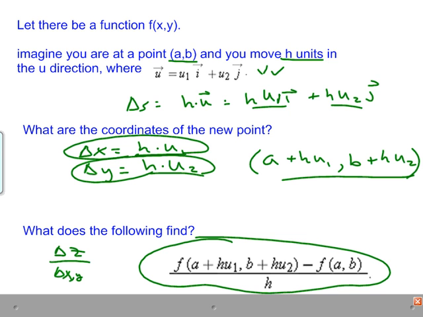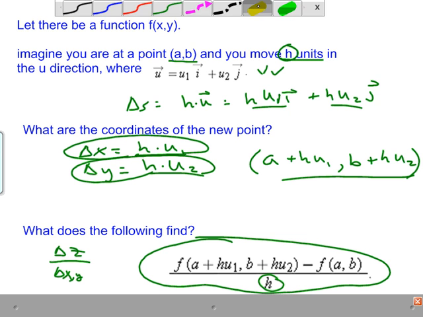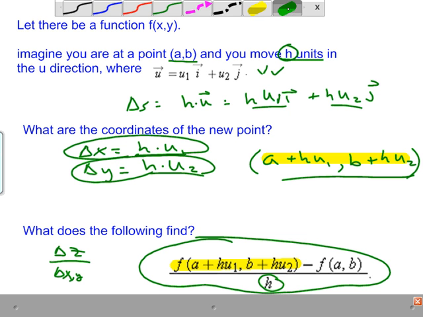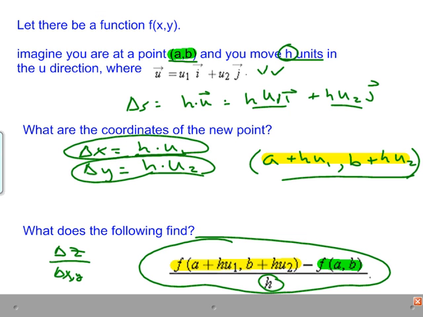Notice that we have an h here because the amount that we moved was h. And this yellow highlighted, that's f of my new point here. And then the green highlighted value is f at my original point. So that's just a definition of slope, change in z over change in xy.